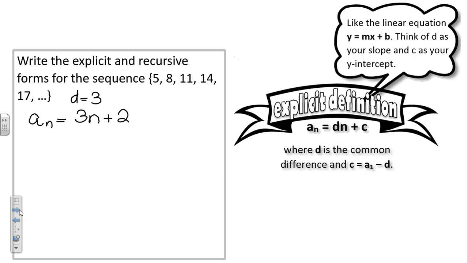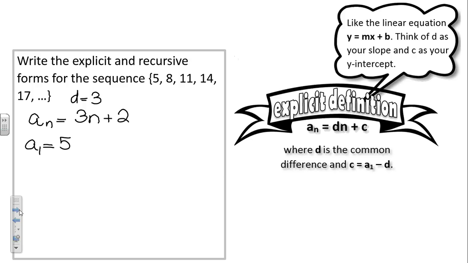Yep, it has to know how to generate itself from the previous term. So we always have to define the first term, right? So we say a sub 1 is equal to, what's our first term here? 5.